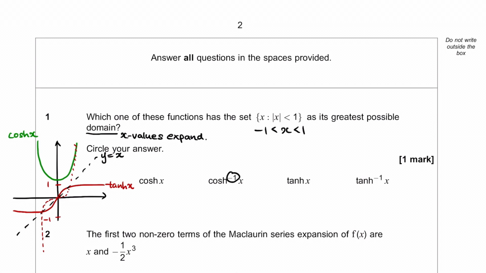And if you remember the asymptotic line for your hyperbolic tangent graph, it's -1 to 1. So if you inverse that in terms of y equals x, it means that your x values range from -1 to 1. So therefore, the answer is the inverse tangent hyperbolic function.